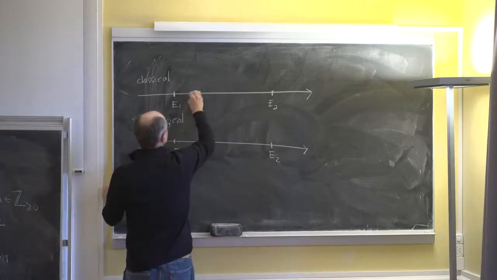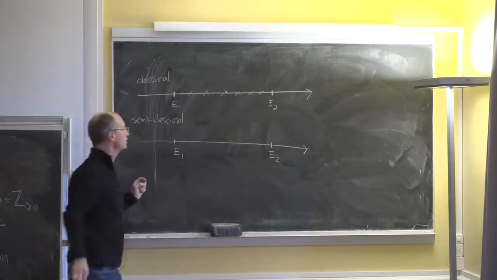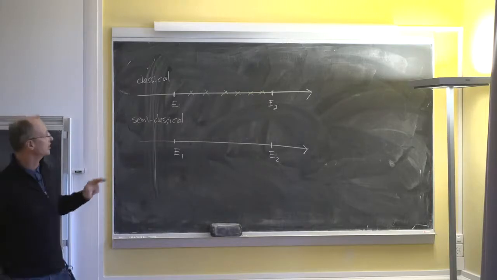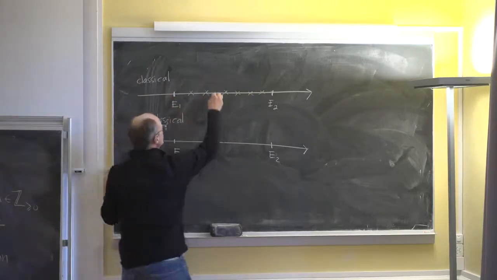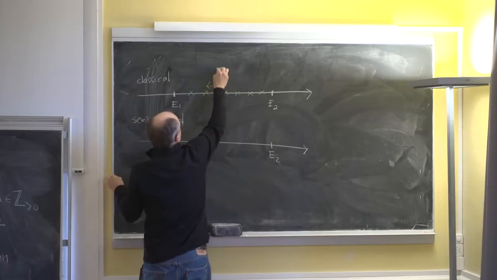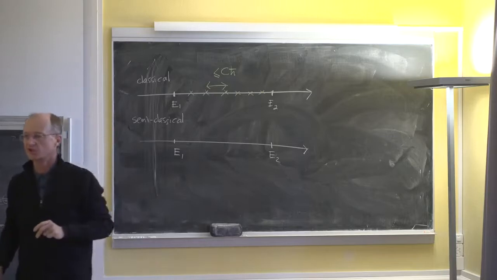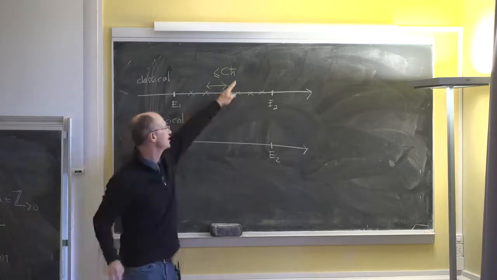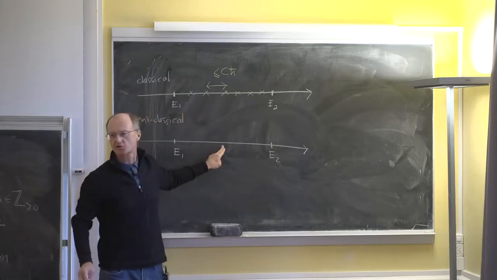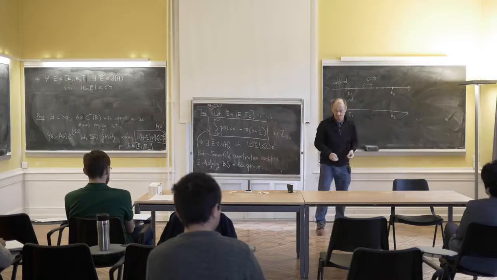Our classical calculation was saying that between E1 and E2, there are those spectral points at a distance smaller or equal to CH bar. My H bar, of course, has to be small, but here H bar square will be even much smaller. That's why I have to make the picture like that.